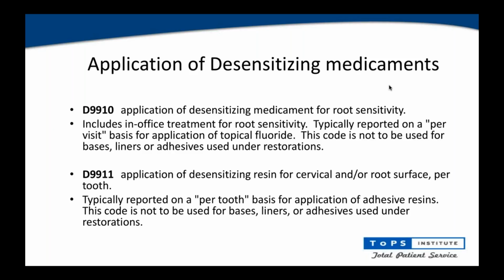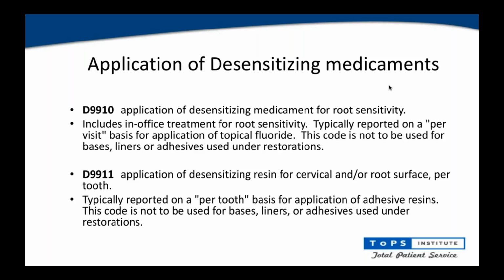All right. So people have sensitive teeth for all sorts of reasons. And so there's two great codes to use for applying desensitizers to teeth. So you can use your fluoride for full mouth fluoridation, of course, and protection. But if they've got a place that's really uncomfortable and it's specific, then you want to use the 9910 desensitizing medication for root sensitivity.